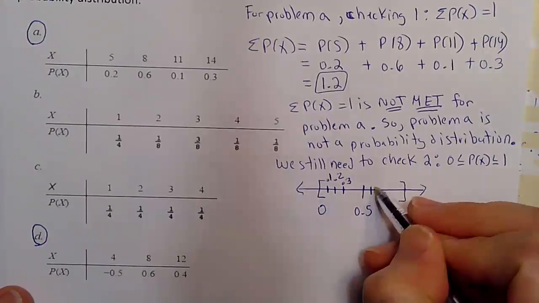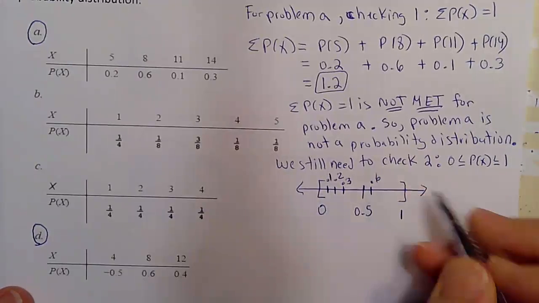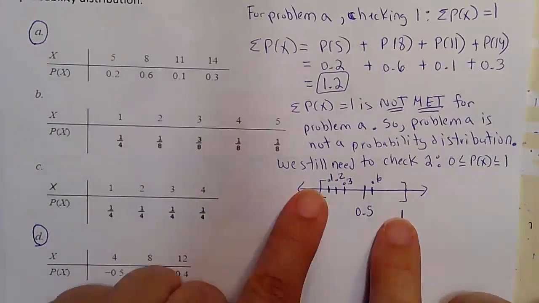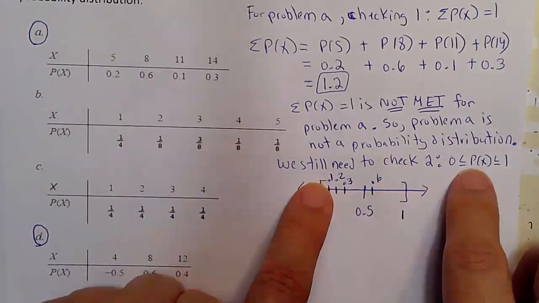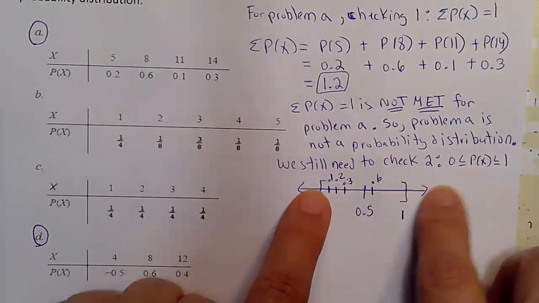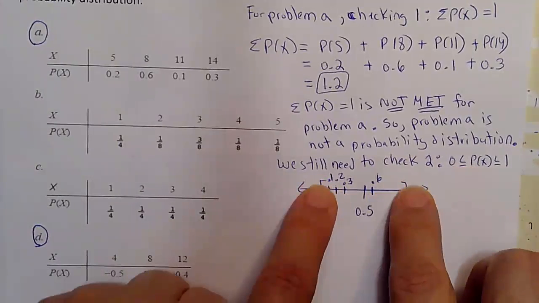Yeah, so those meet this. These are all within the bounds. That's why I put a bracket, not a parenthesis.